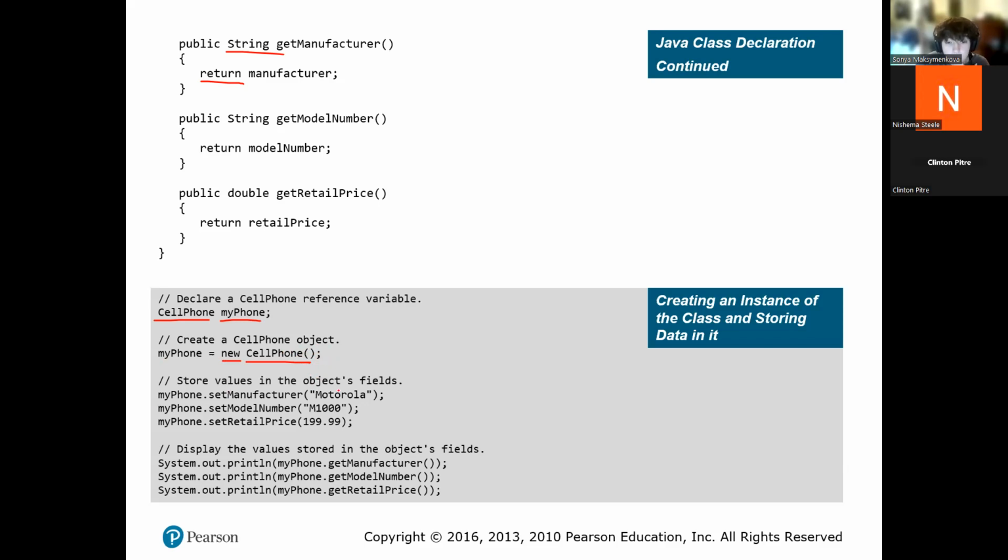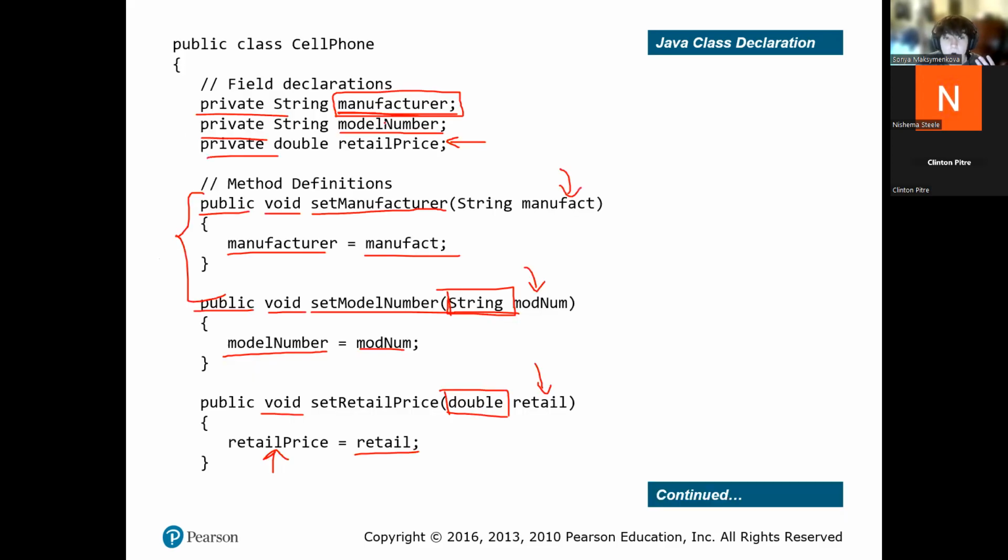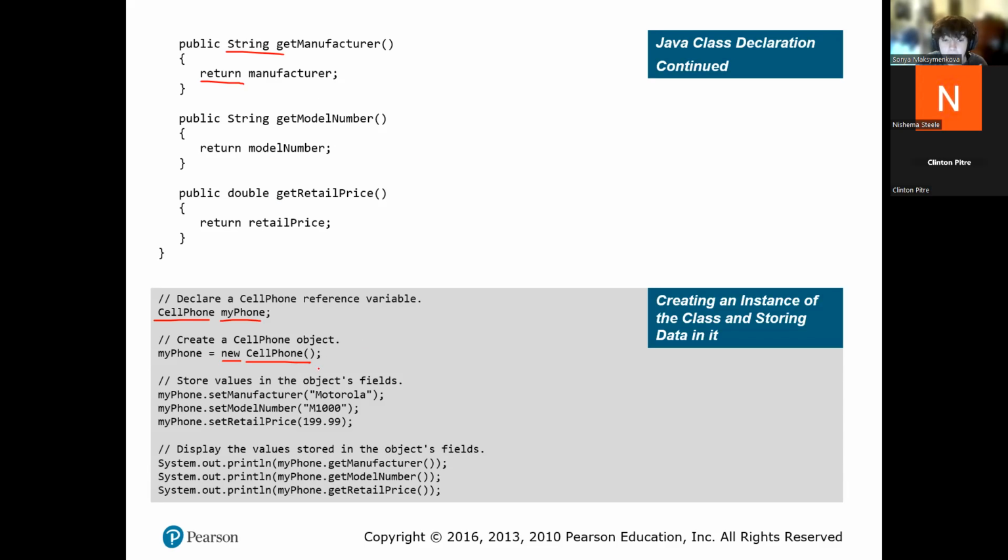Then we want to store some values, right? We want to set our phone, because right now our phone, called myPhone, just has empty values. So all of these, manufacturer, model number, retail price, have empty values. And we want those variables to have some values. In this case, we're setting the manufacturer to Motorola, we're setting the model number to M1000, and we're setting the retail price to 199.99 using our setters.